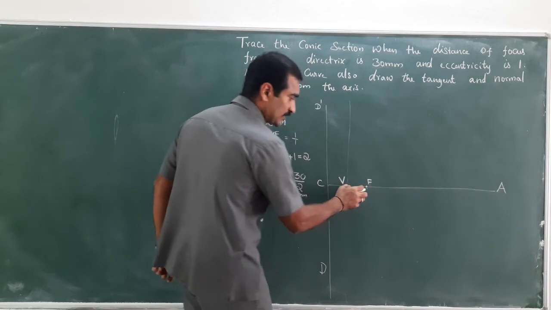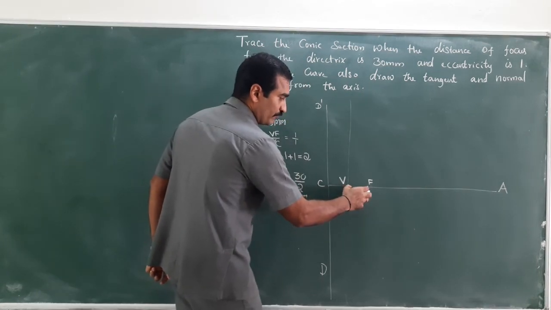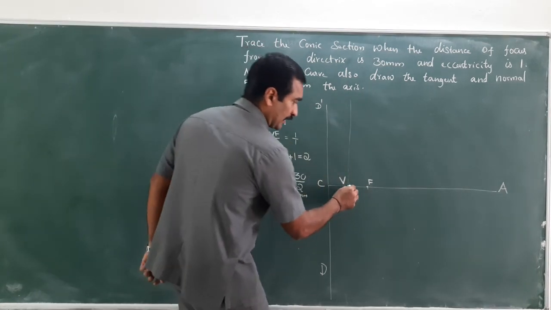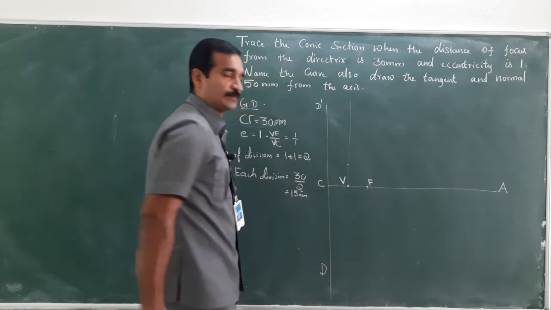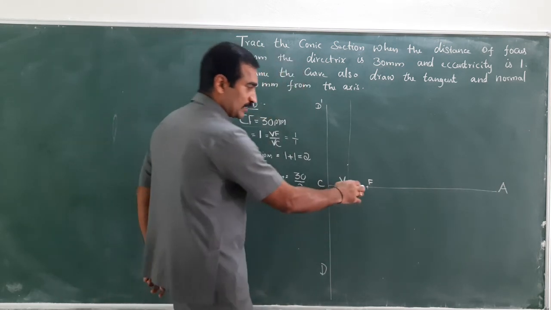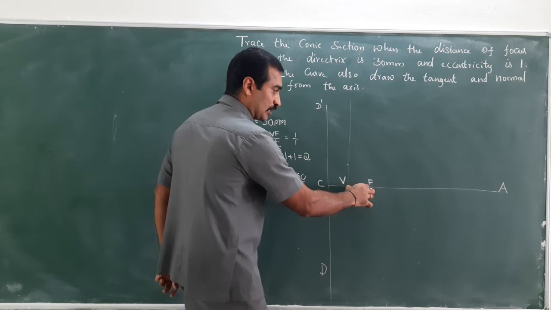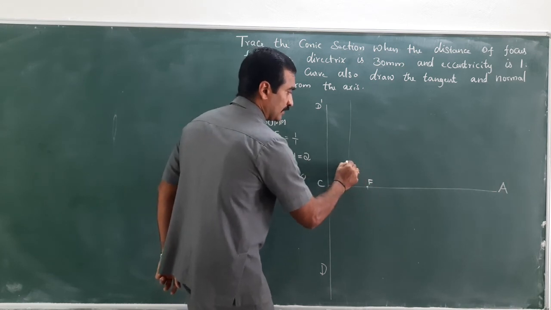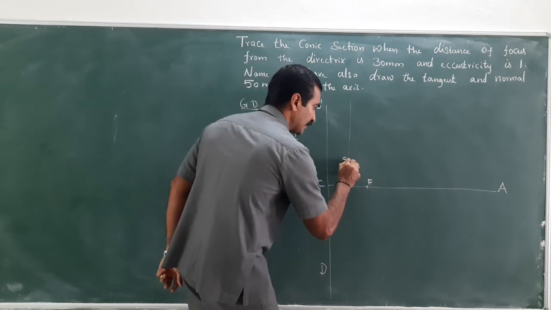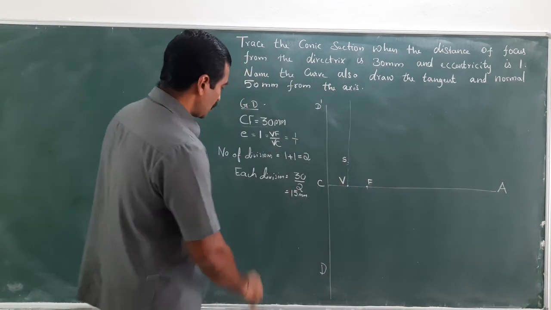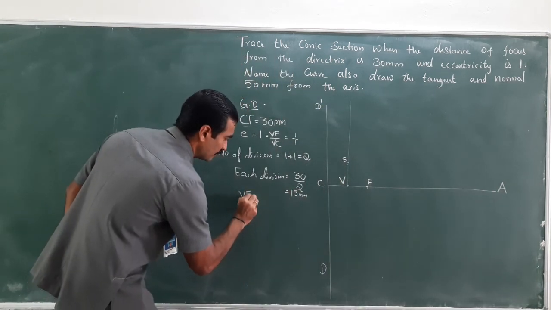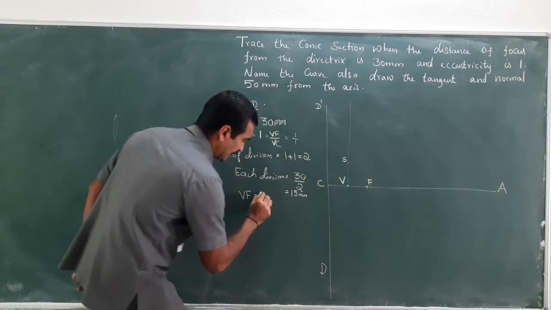Now measure the distance from V to F in your compass and, with V as center, cut an arc here. This point is S. So the distance VF is equal to VS.